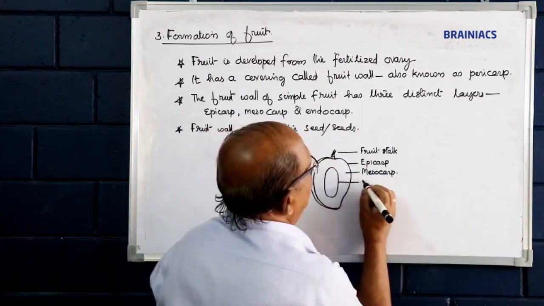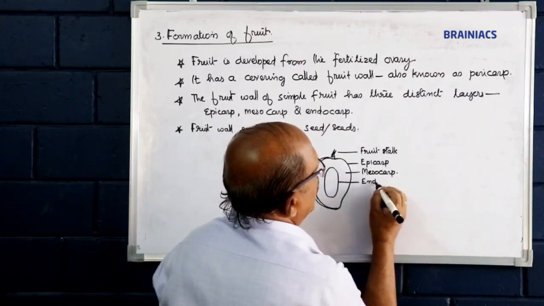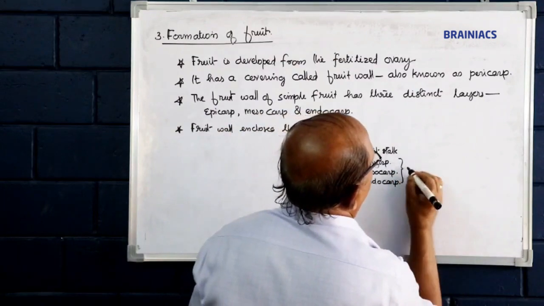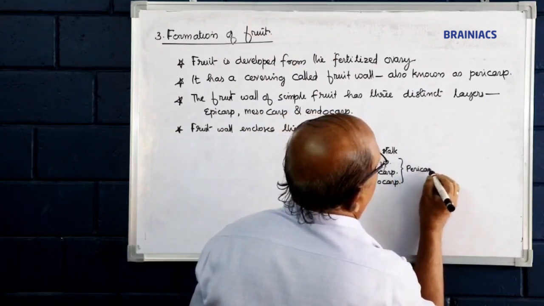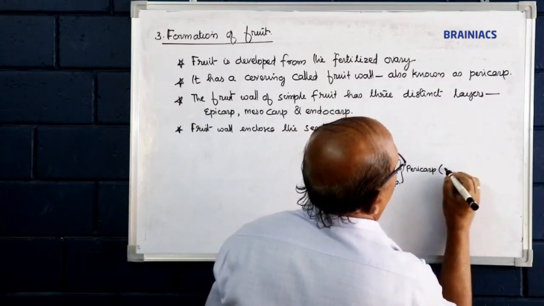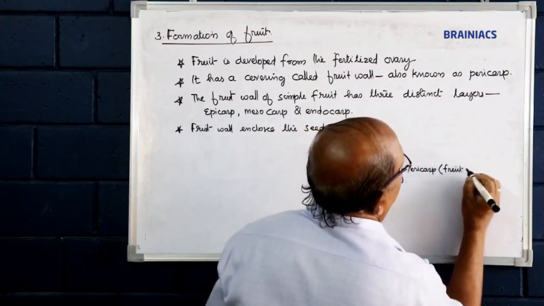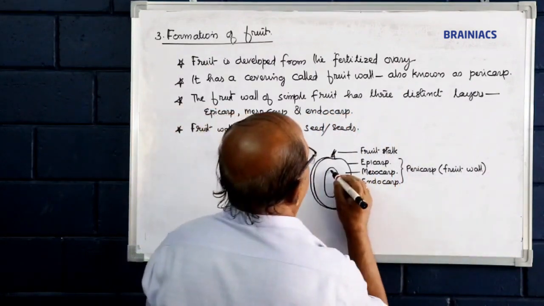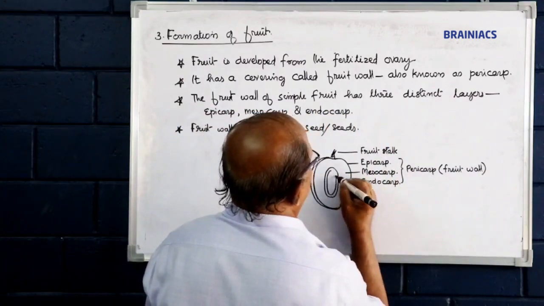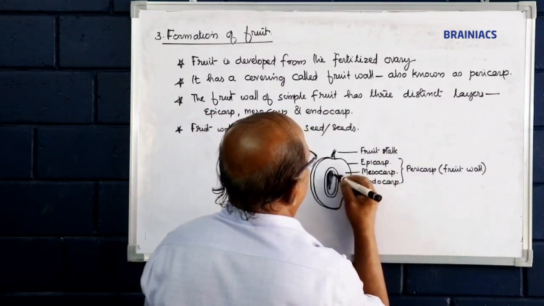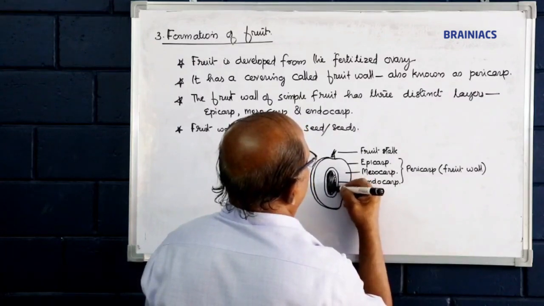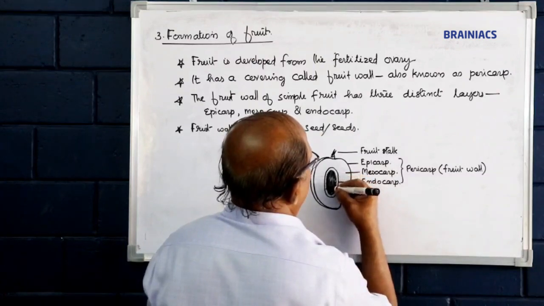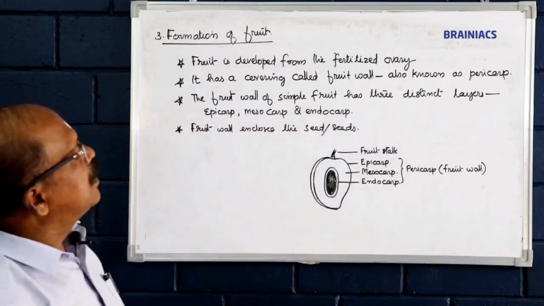And this is the endocarp. These three constitute the pericarp or fruit wall. And within it the seed is present.